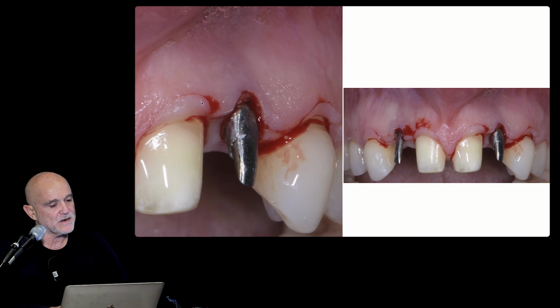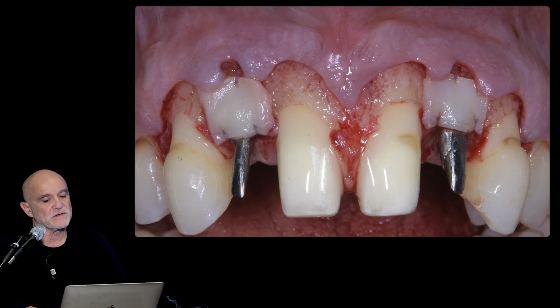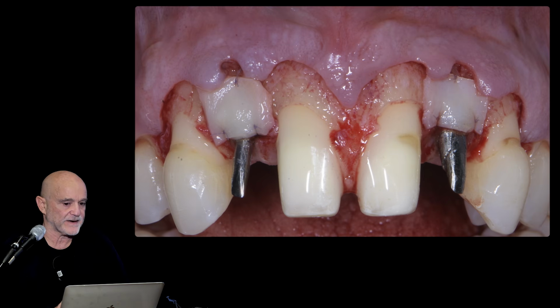This makes this papilla longer, and thanks to the advancement of the flap, this longer papilla can reach the palatal aspect and close everything by first intention, provided that the increase in the thickness of this papilla is guaranteed by the connective tissue graft. So connective tissue graft at the level of the implant to mask the transparency.